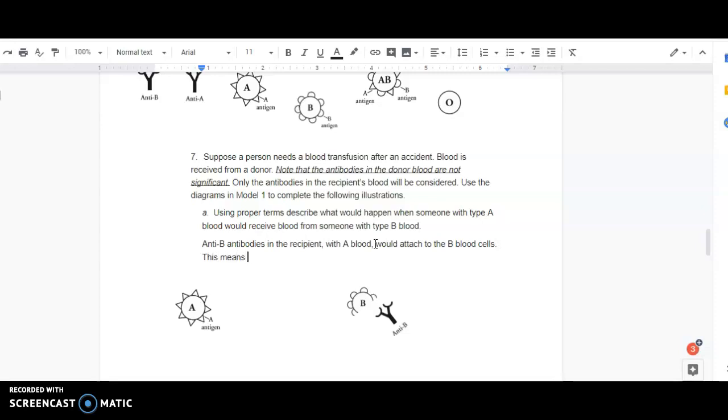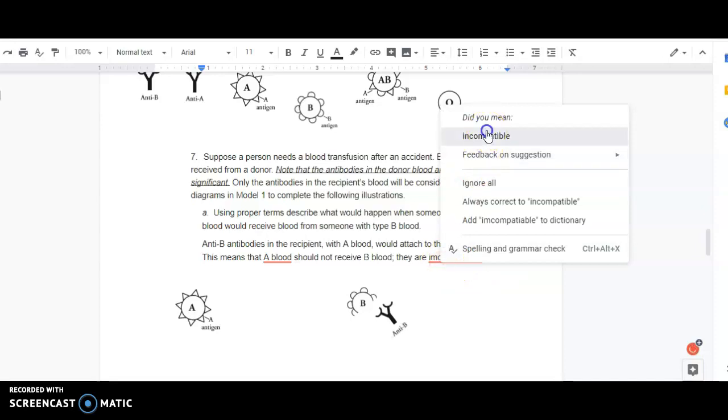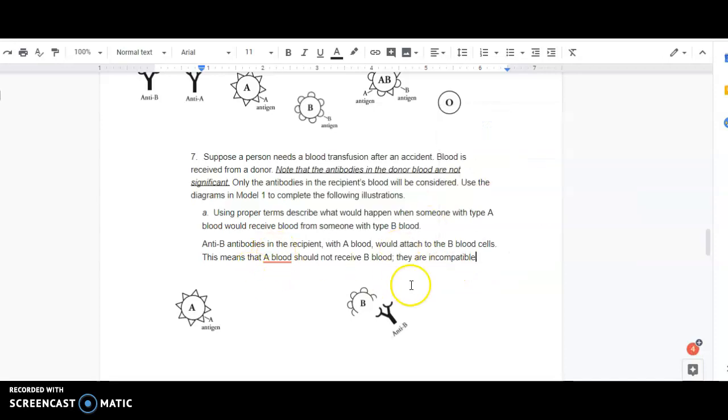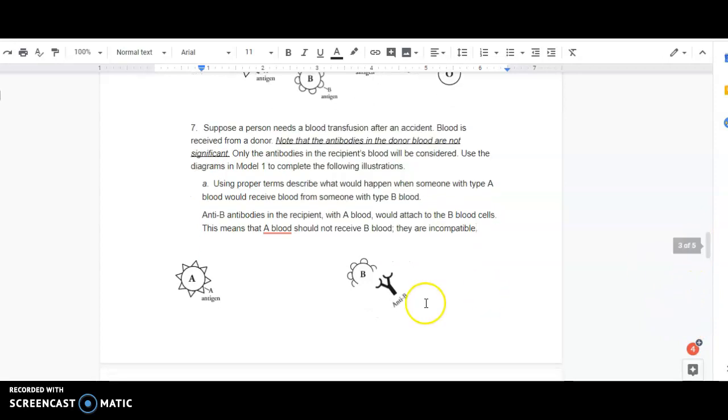This means that A blood should not receive B blood. They are incompatible. So yeah, that's what would happen.